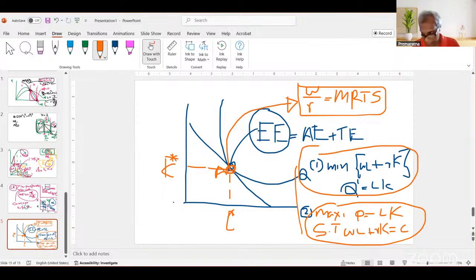So at this point, I'll stop today, and I will continue next week with how you find this maximum optimal amount of labor and capital. Then we'll continue the cost function, and most probably next week we will finish the theory of production and theory of costing.